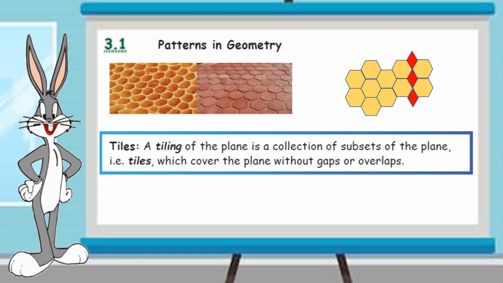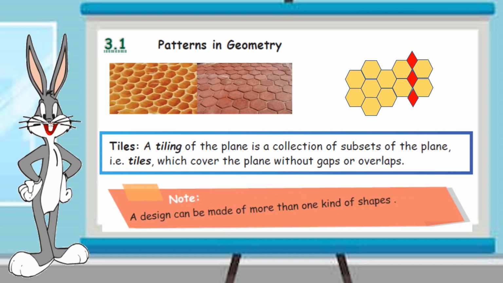That is called tiling, and this is the explanation. One more note is also given: a design can be made of more than one kind of shape. As I have mentioned already, first we saw one design, then when we change it slightly we got one more design. Am I right? Yes. Hope you understand.